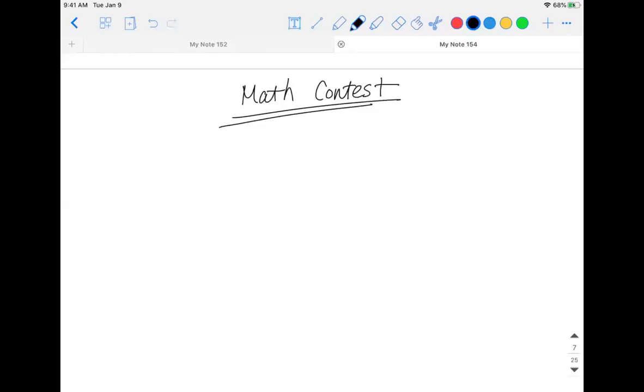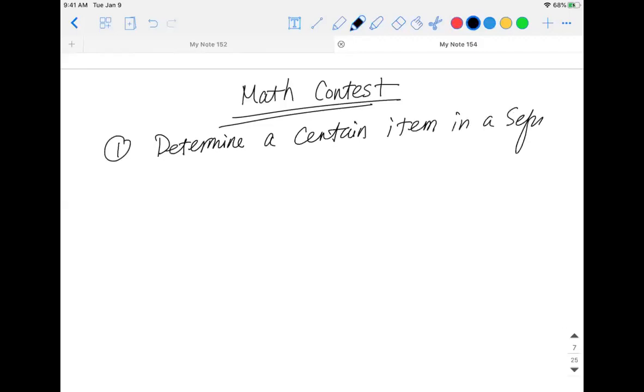Basically, you'll be tested on several things. One is you need to determine a certain item in the sequence. Let's say the question gives you a weird sequence, and asks: please determine what is a_2020, what is the value for this term? This is quite common in the math competition.